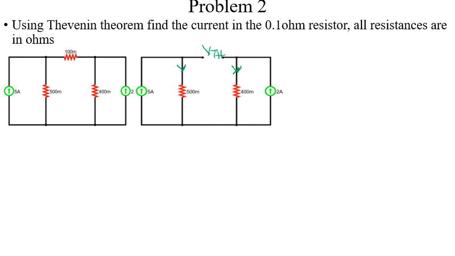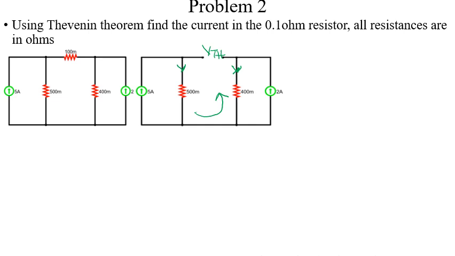To find our VTH, we'll take a loop in the anti-clockwise direction. Since they've given us the current, it's simply straightforward. We know the currents already.